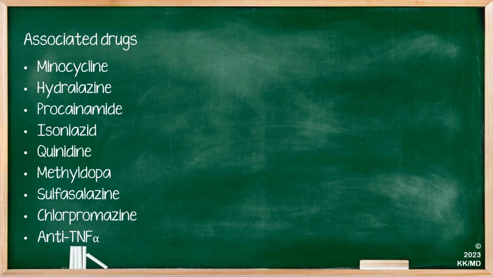Now, probably the most important thing to know in this section for your MRCP exam is the actual associated drugs. It is a list, and I'm afraid there aren't any mnemonics to cover all of this, so you will need to commit it to memory by repetition.